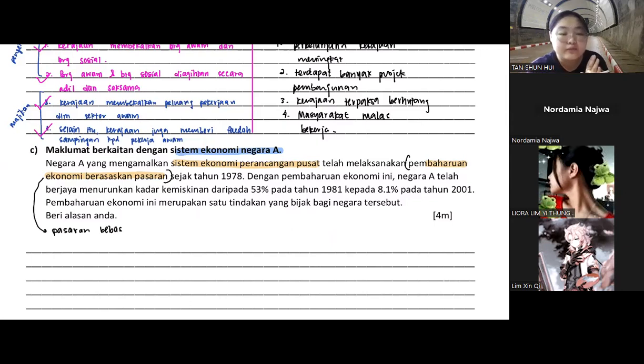So they move from perancangan pusat into pasaran bebas. And then they say, okay, with this pembaruan, renew, right? With this change, negara ini telah berjaya menurunkan kadar kemiskinan from 53 to 8.1. So, pembaruan ekonomi ialah satu tindakan yang bijak. It's a smart action. So, berikan alasan.